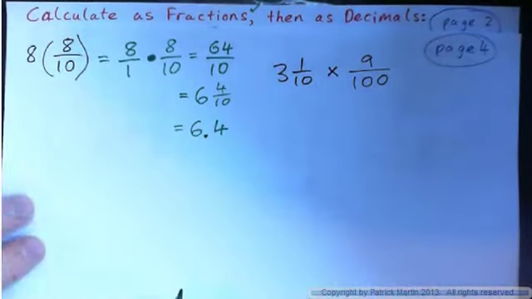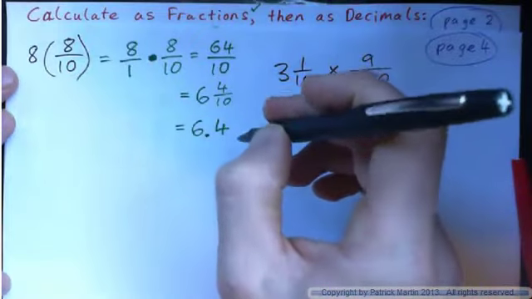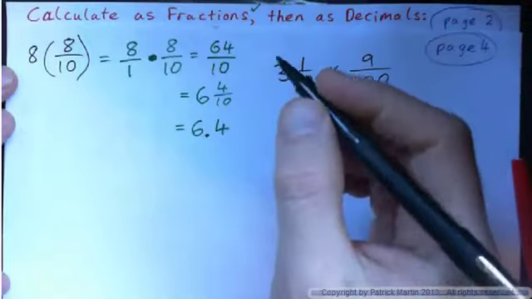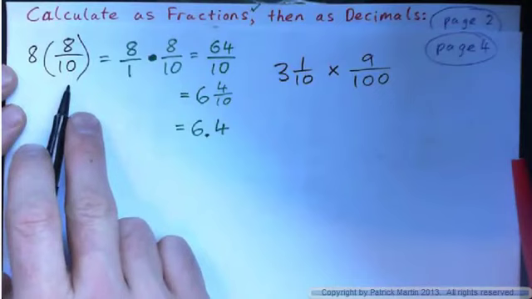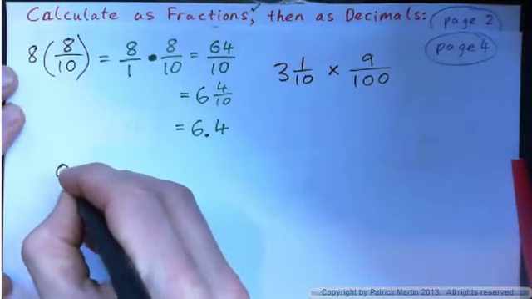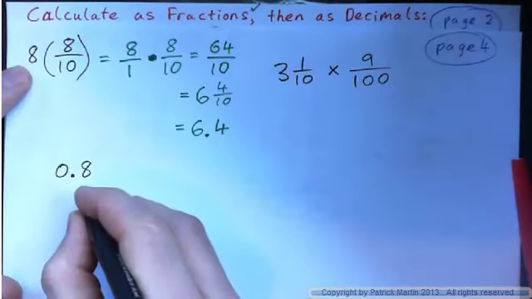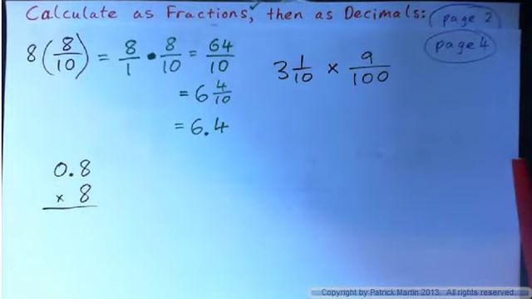Yep. Okay. So we've calculated it using fractions. Now we're going to calculate it using decimals. So 8 tenths as a decimal is 0.8, isn't it? And we're being multiplied by 8. So 8 times 0.8, what does that give you?